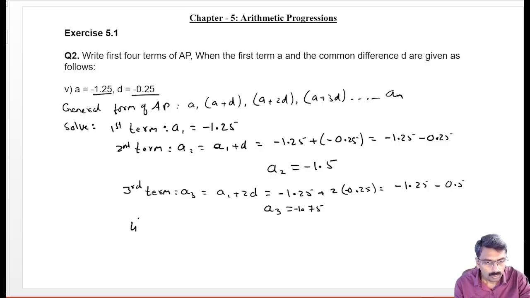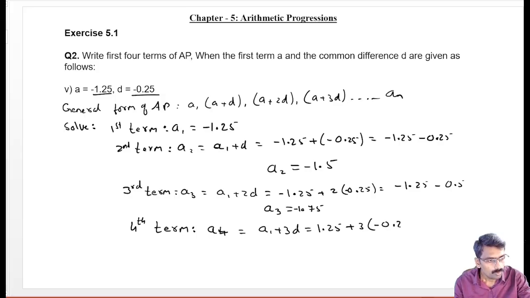Fourth term, a4 is equals to a1 plus 3 times d, that would be equals to -1.25 plus 3 times -0.25, that would be equals to -1.25 minus 0.75. a4 is equals to -2.0.